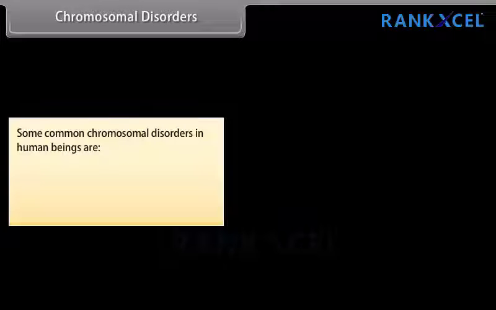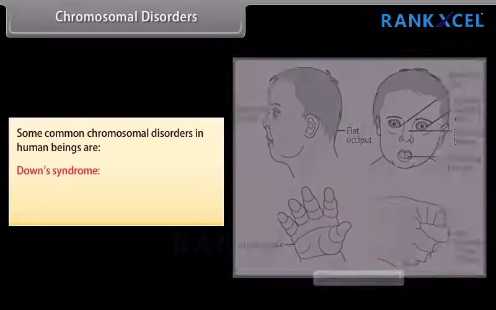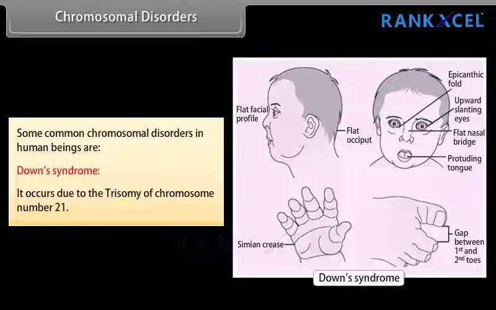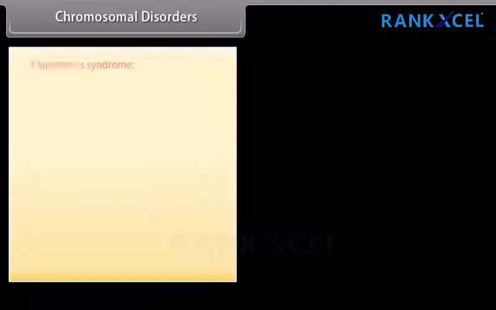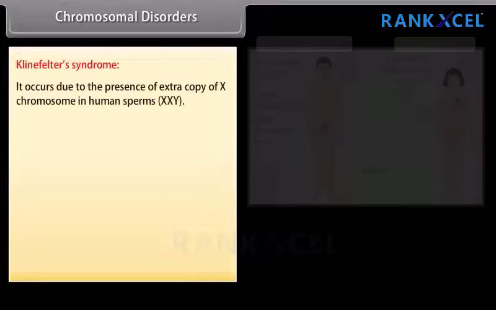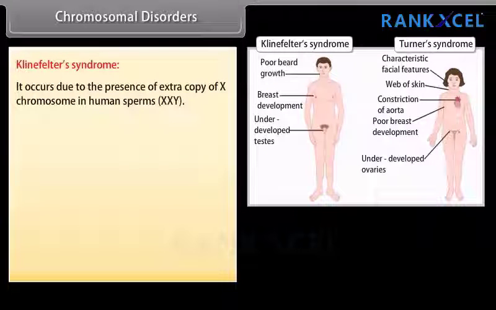Some common chromosomal disorders in human beings are Down's syndrome, which occurs due to the trisomy of chromosome number 21. Klinefelter's syndrome: it occurs due to the presence of an extra copy of X chromosome in human sperm, XXY.